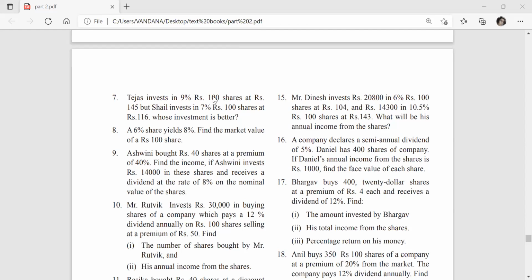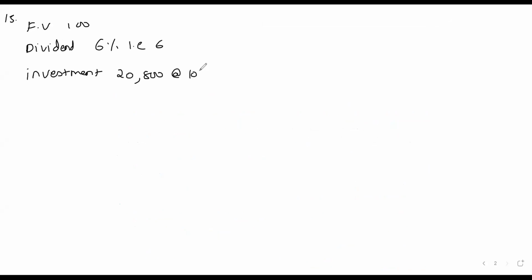So first share is face value rupees 100. What is the dividend? 6%. So that is 6 rupees. And investment is 20,800 at 104.